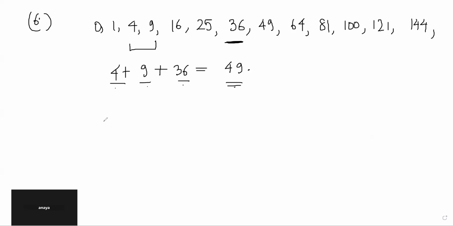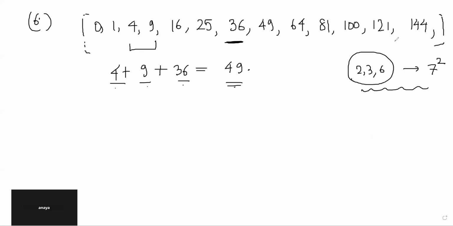The smallest numbers for which this happens are 2, 3, and 6, whose squares add up to 7 square, right? It is very easy to spot a pattern, but you'll only spot it if you write down some squares like this. You can keep adding and you'll be able to find some more also if you want.